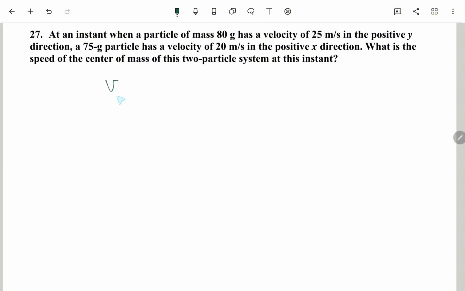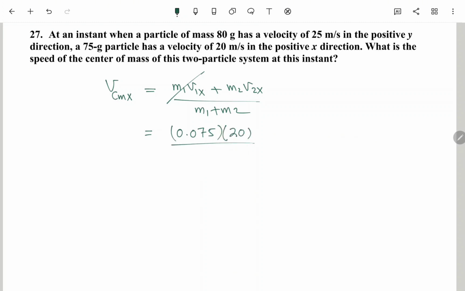Again, the center of mass at x equal to m1 v1x plus m2 v2x divided by m1 plus m2. No x component for the first particle, and after all 0.075 times 20 divided by 0.155 or 9.7 meters per second.